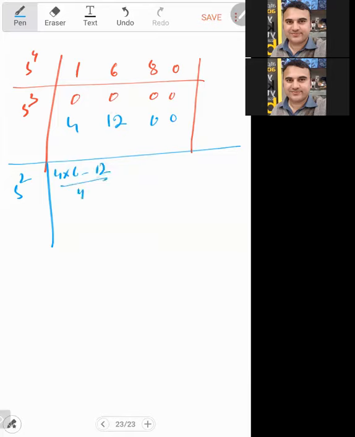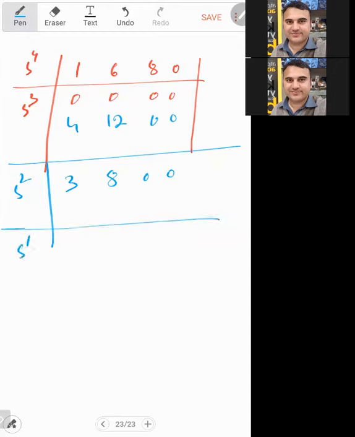So this will be equal to 24 minus 12, which is equal to 12 divided by 4. So it is equal to 3. Similarly, for the other entries, 12 multiplied by 4 multiplied by 8 divided by 4. So this will be equal to 8, and then we have 0, 0.